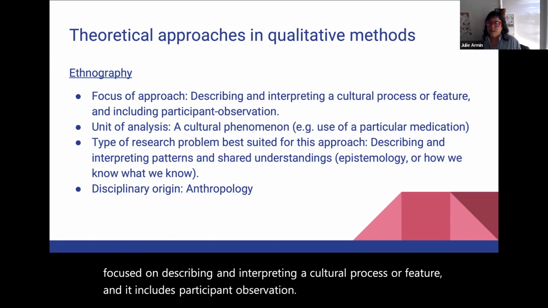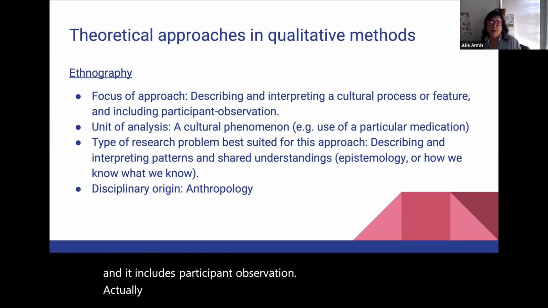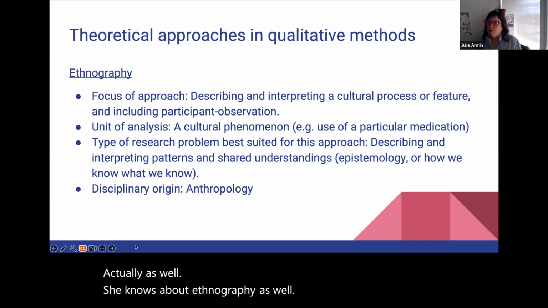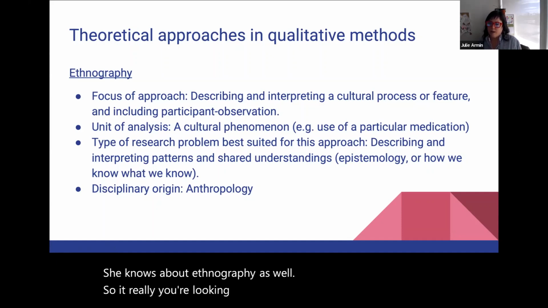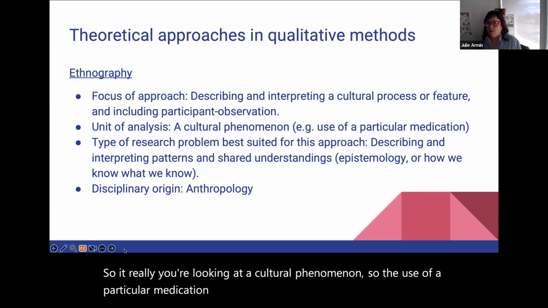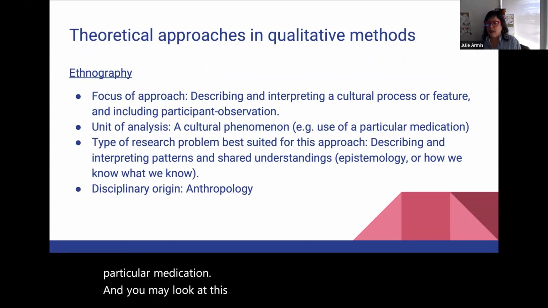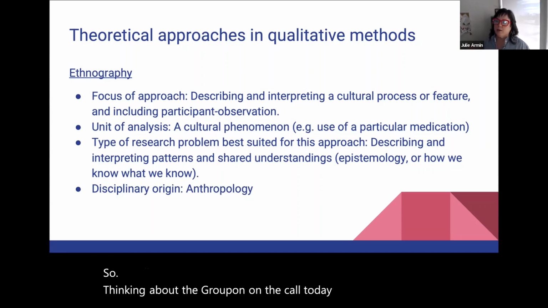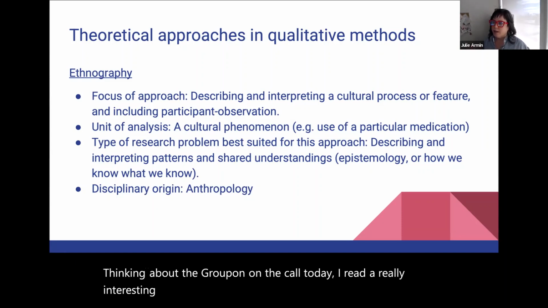And actually, Francine is an anthropologist as well, so she knows about ethnography too. So you're looking at a cultural phenomenon, like the use of a particular medication, and you may look at this use of a medication from a variety of perspectives. Thinking about the group on the call today, I read a really interesting ethnography about the use of the HPV vaccine.